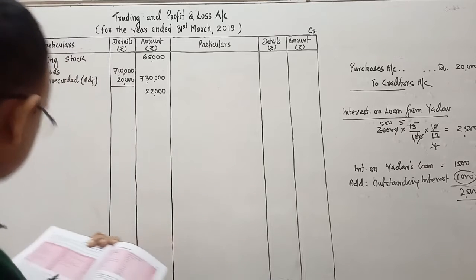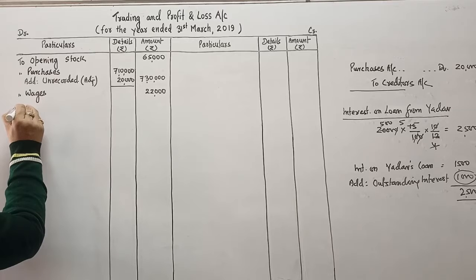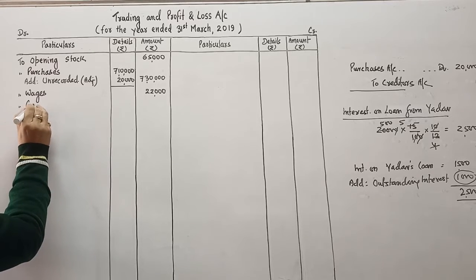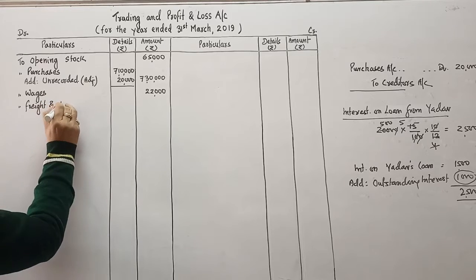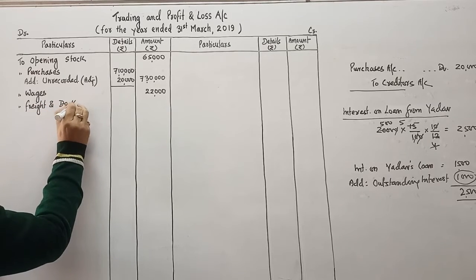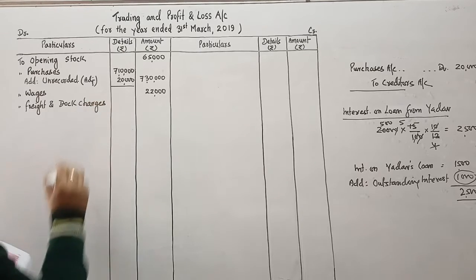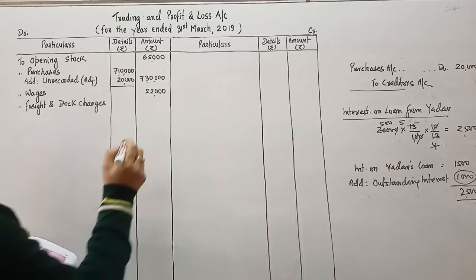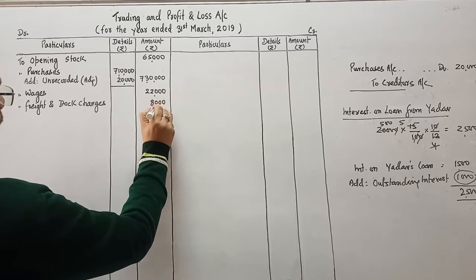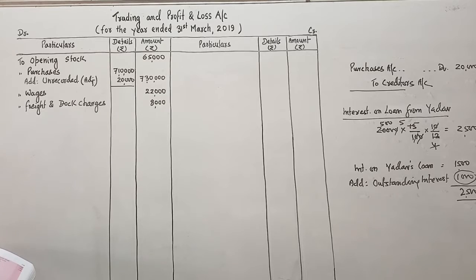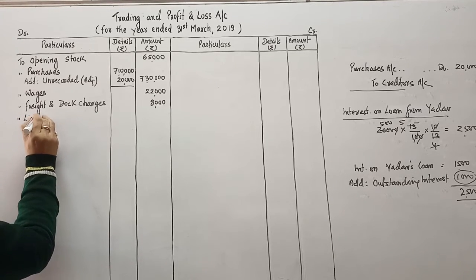After wages you see freight and dock charges. There is no such adjustment related to freight and dock charges, so we can write that amount directly in the outer column. Next is lighting and heating.